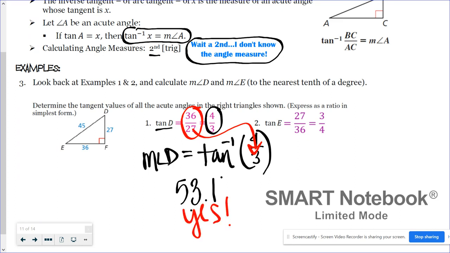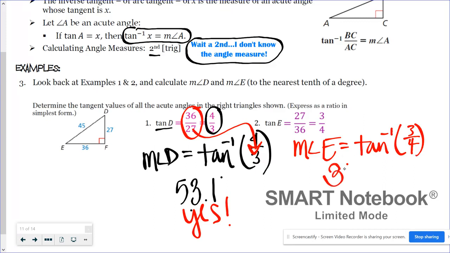So that's nice, we don't have to simplify the ratios before calculating the angles. Let's try it one more time. Find me the measure of angle E, because this ratio is saying that the measure of angle E is equal to the inverse tangent of 3/4. So try it out. What do you get? Really? You got 36.9? So did I. Way to go.